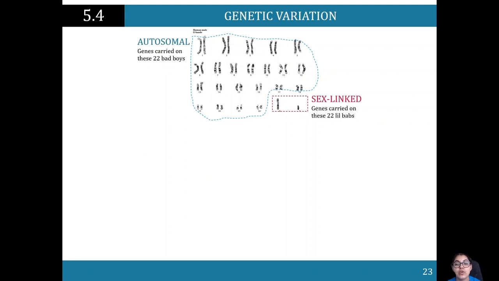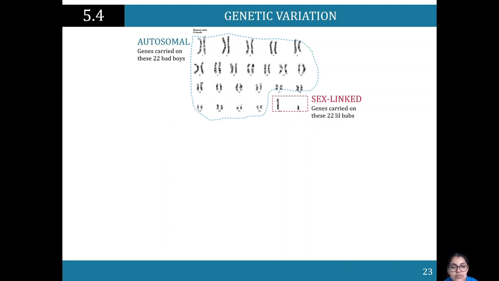And so this is what the chromosomes essentially look like. So autosomal chromosomes are the first 22. Alrighty, that's the first 22 chromosomes right there, and they are going to carry genes that will not be passed on to the next generation because they're autosomal. Somal, remember, somatic, it's only going to affect the somatic cells.